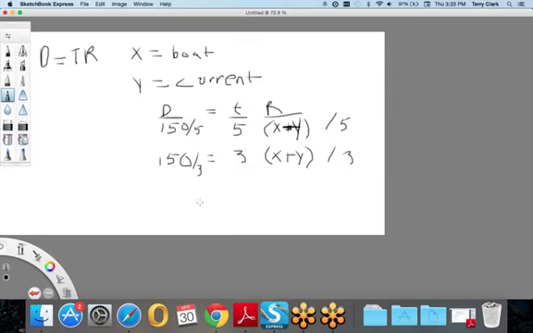So I'm going to end up with 30 equals x minus y. And then I'm going to end up with, here, 50 equals x plus y.